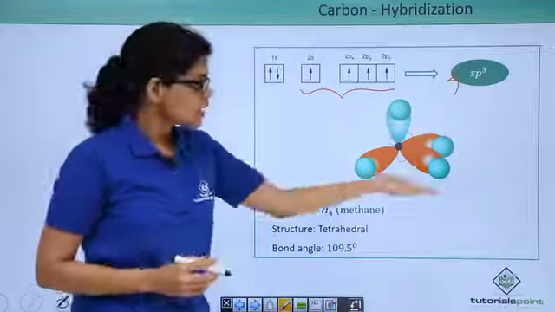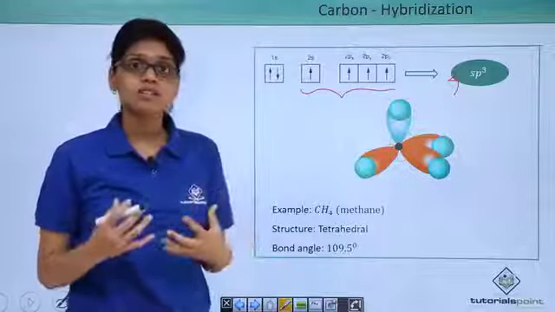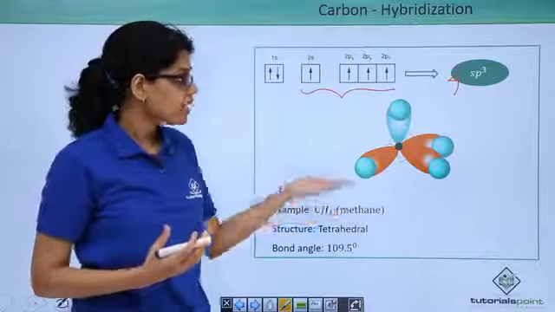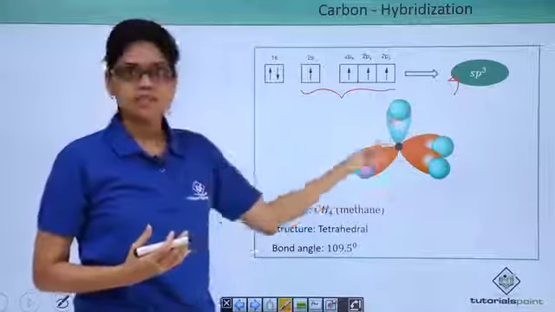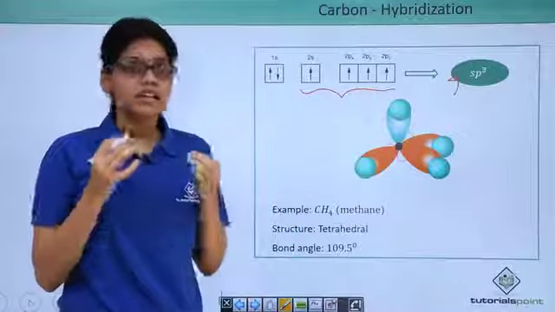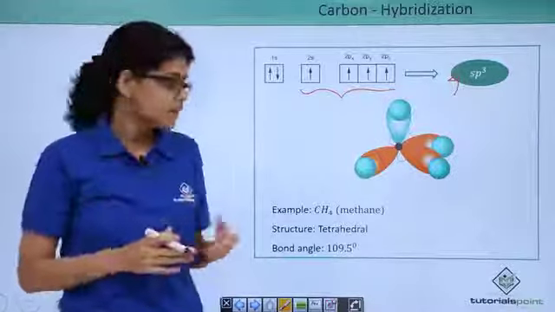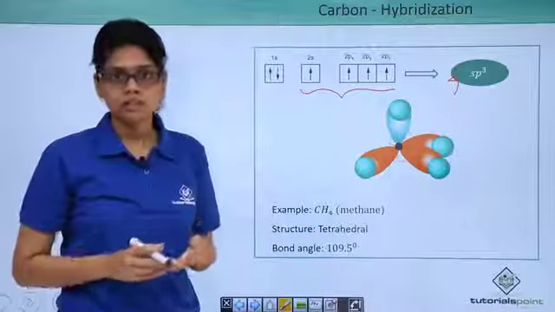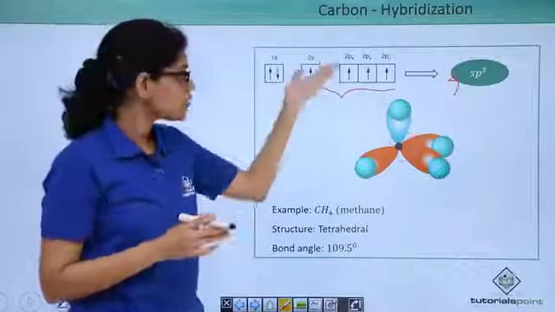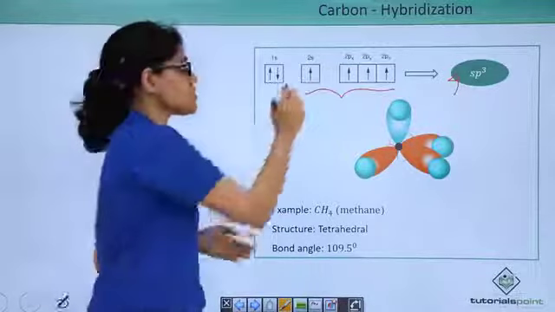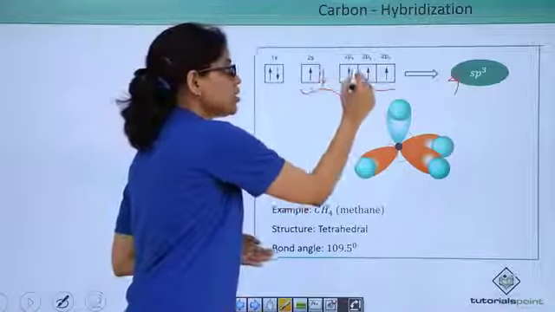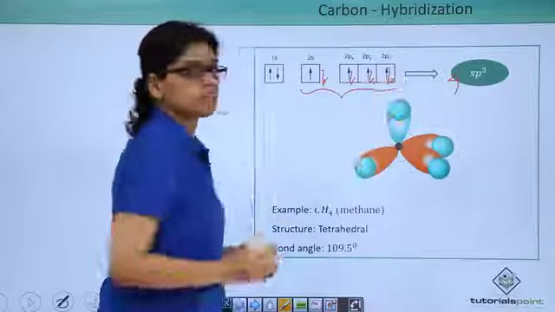Now the structure of a hybrid orbital, we know that hybridization is a mathematical concept and the proposed structure looks something like this. A typical example of an sp3 hybridized carbon is CH4 or methane. All four orbitals are doubly occupied, satisfied by hydrogen atoms here.